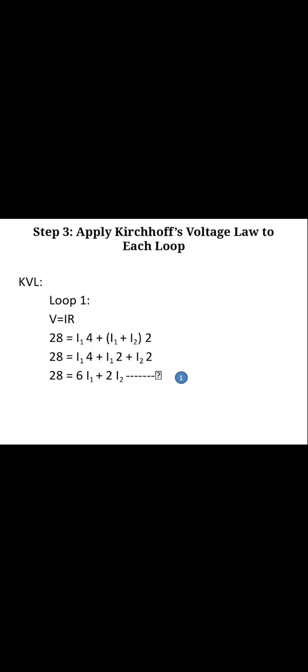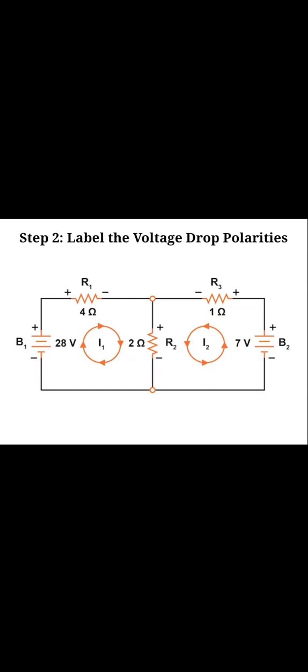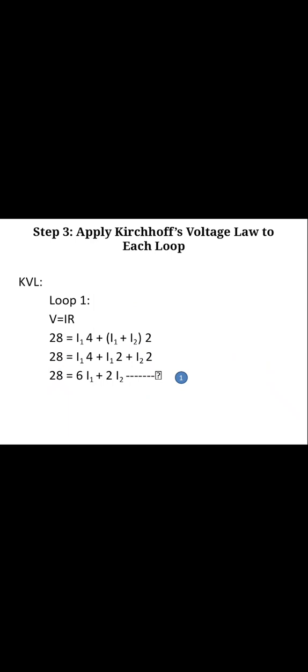So I1 plus I2. The I1 current direction is upward to downward, and the I2 current is also upward to downward. The two currents add in the 2 ohm resistor, so the equation is modified to I1 plus I2 into 2. Then we simplify this equation.